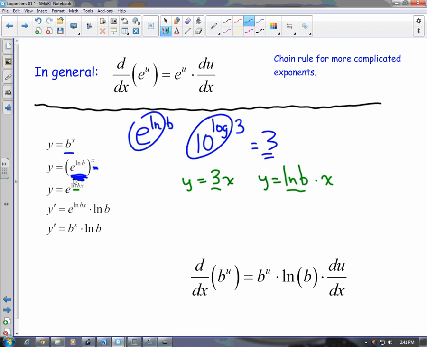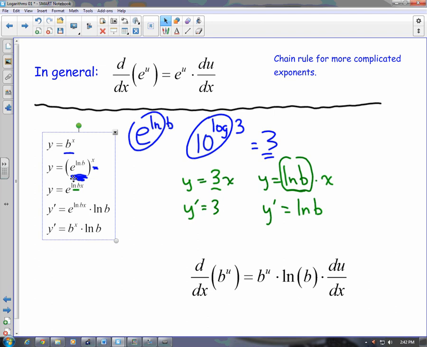It's just some number. So if I take the derivative of 3x, what's the derivative? Well, it's just the 3. So if I take the derivative of something times x, the derivative is just that something, natural log of b.